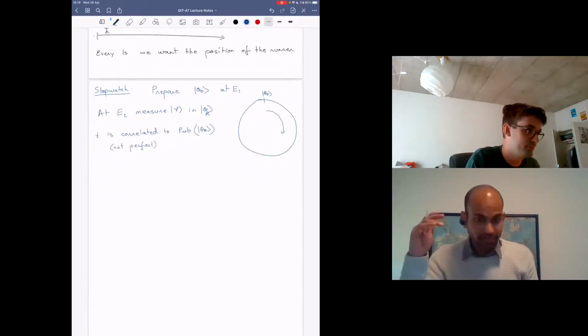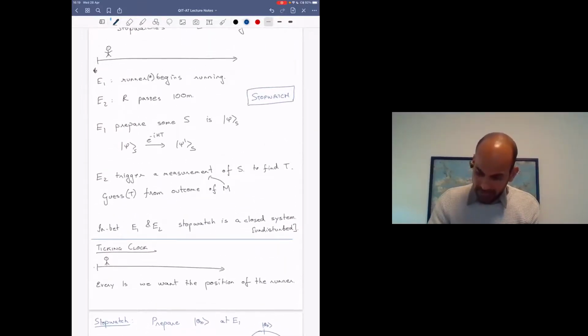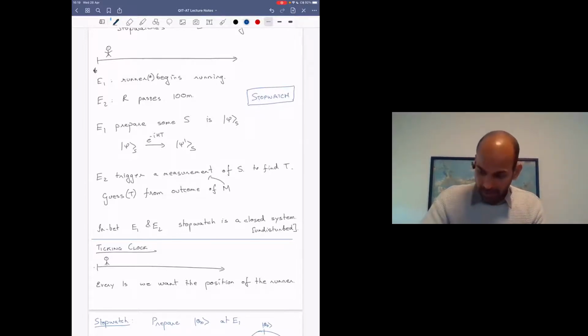In fact, all of this part about studying what precision of time measurements you can get for stopwatches, and how to choose the best possible initial state and the best possible measurement to make maximum use of the information you can extract from the actual system you're using, is a very well studied question in metrology.